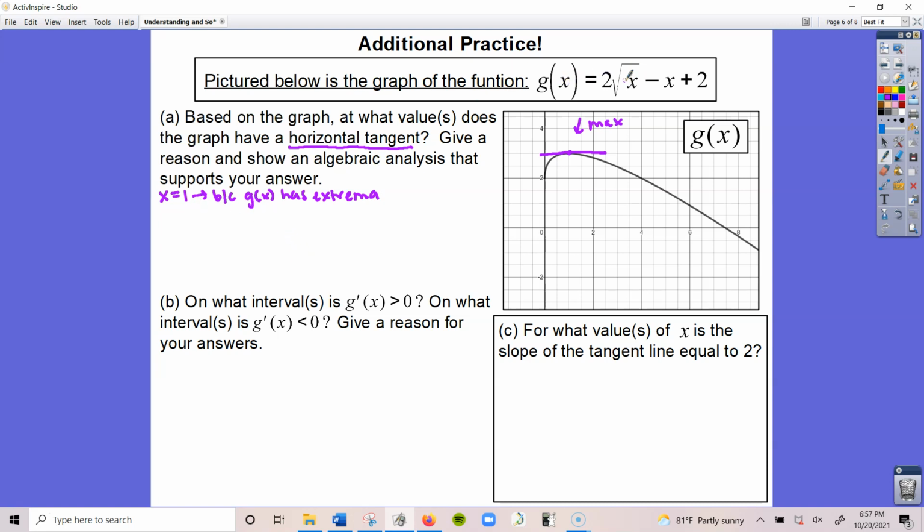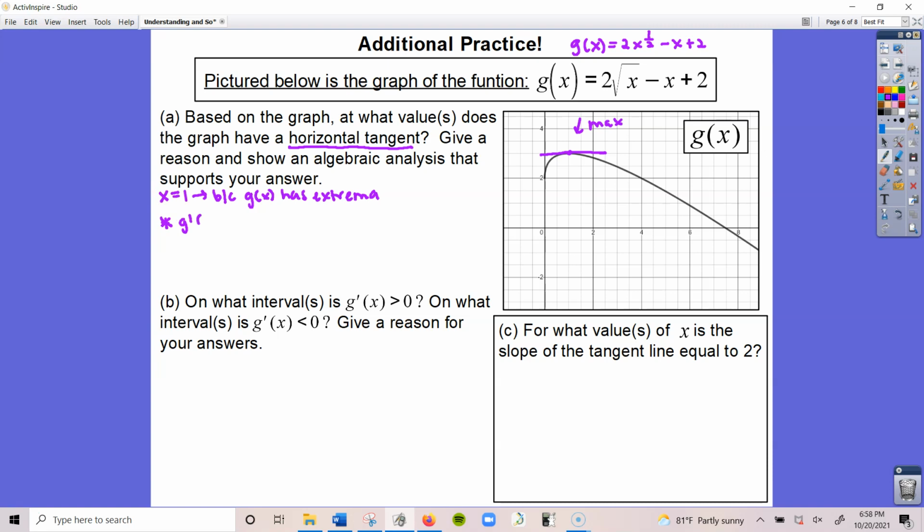We have that g of x is equal to 2 square root x minus x plus 2. I would need to find the derivative, but I can't find the derivative using this equation. So let's rewrite it so I can find the derivative. This would be 2x to the positive 1/2 minus x plus 2. Now that I've rewritten that radical with the rational exponent, I can take the derivative.